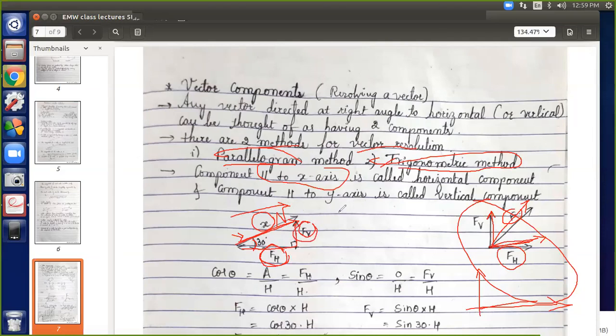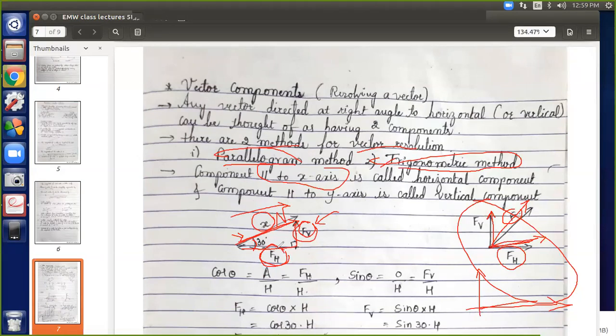For that, make use of certain trigonometric formulae. If you remember, sine theta and cos theta we take in the formula as: cosine of the angle is given by adjacent by hypotenuse, and the sine of the angle is given by opposite by hypotenuse.